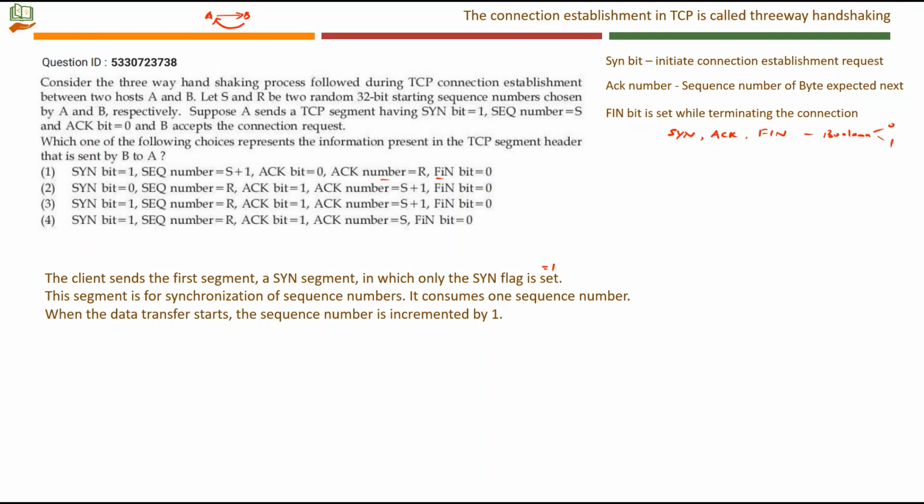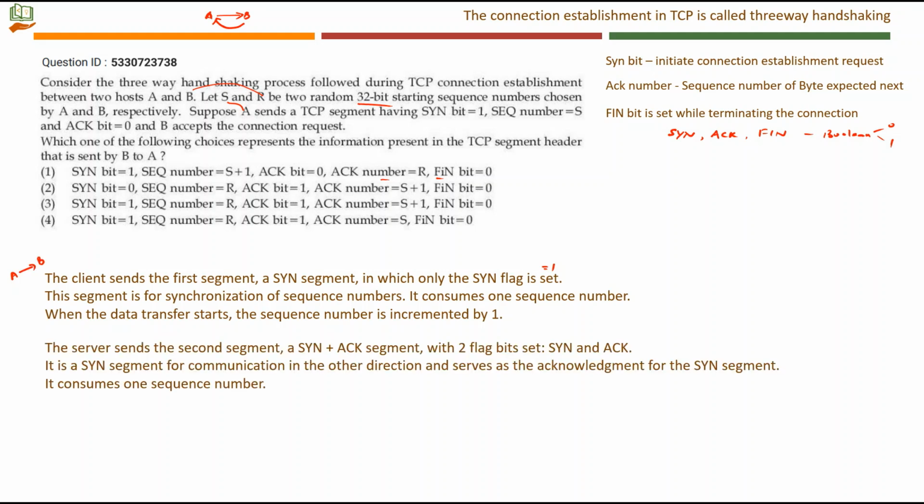Here they have represented the 32-bit sequence numbers as S and R. So A will have S and B will have R. When the data transfer starts, the sequence number is incremented by 1. You can find S plus 1 in three of the options. It means the sequence number is incrementing there.